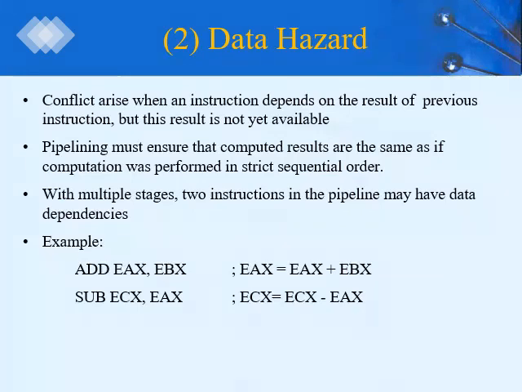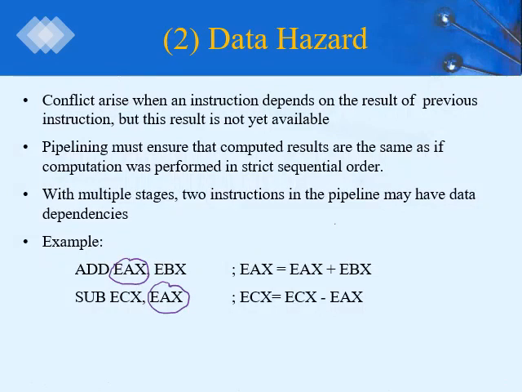So let's look at an example here. This is an x86 machine instruction sequence. We have first ADD EAX, EBX, and then SUB ECX, EAX. Before looking at the table, we can see that we might have a problem for the EAX register.